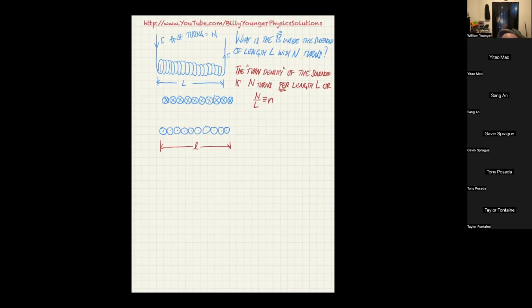So we can define N divided by L as lowercase n. So everybody follow what I'm saying about that?